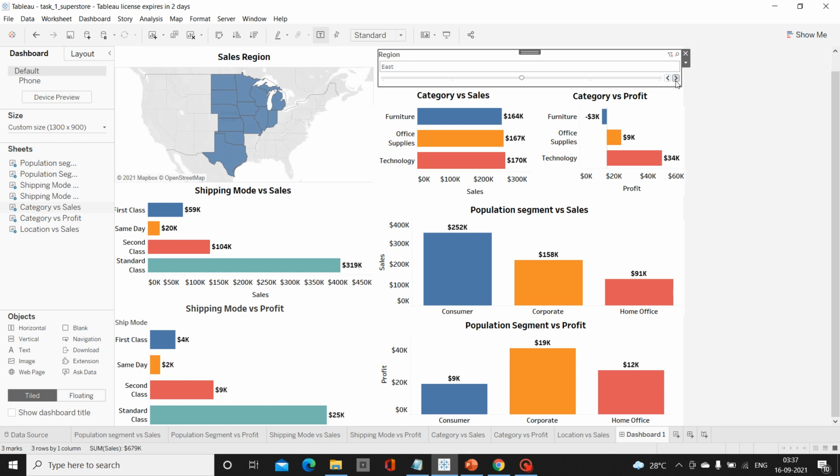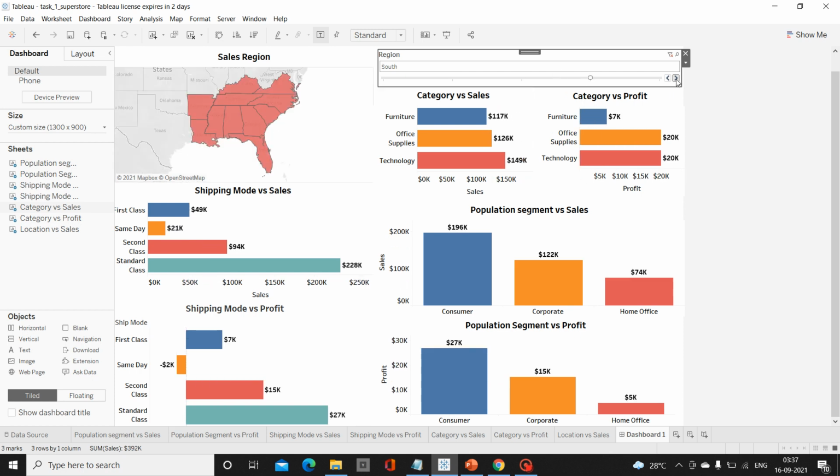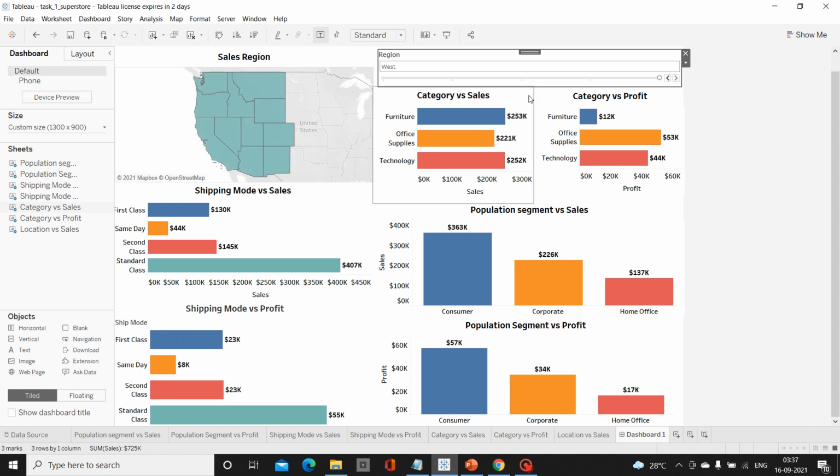Even in the next region, in eastern region, then in the subsequent regions, southern region and the western region, we can see that the contribution by furniture in all these regions are nearly as same as office supplies and technology. And even in case of western region, it is the highest contribution.